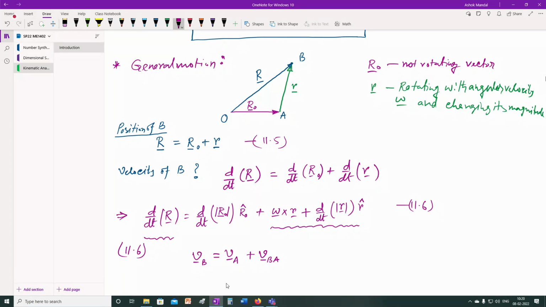Okay? Yes, sir. This whole term gives you the velocity of point B with respect to A. And point A has this velocity. When you add this velocity plus this velocity, you get the actual velocity of point B. From here, we define the term velocity of point B with respect to A as omega cross R plus d dt of the magnitude.